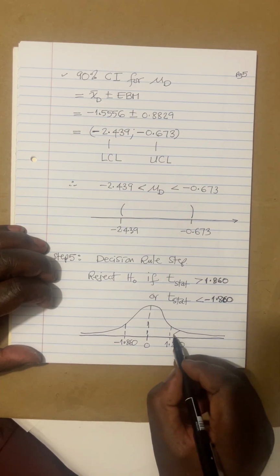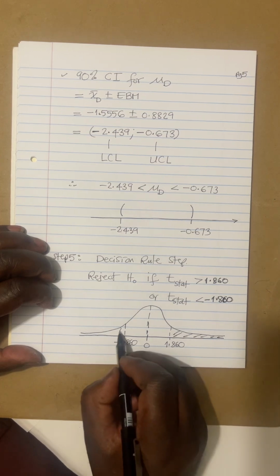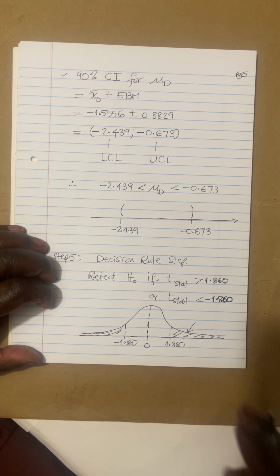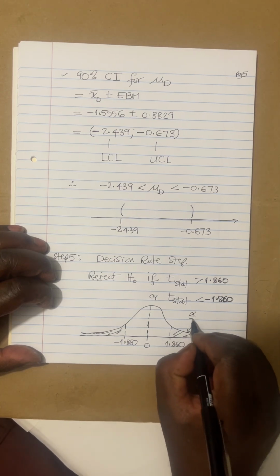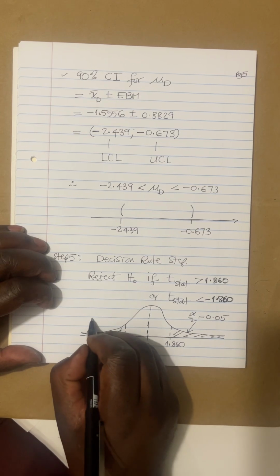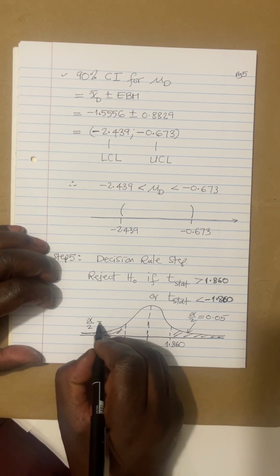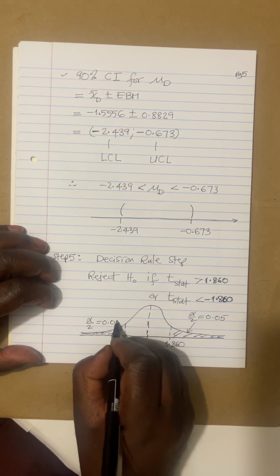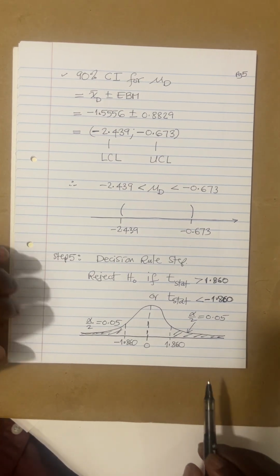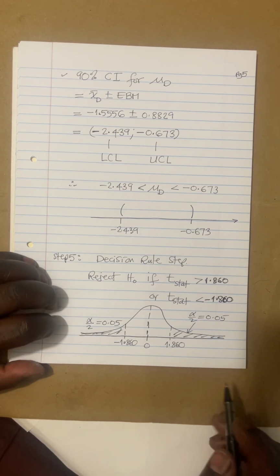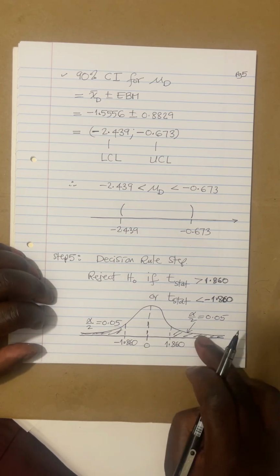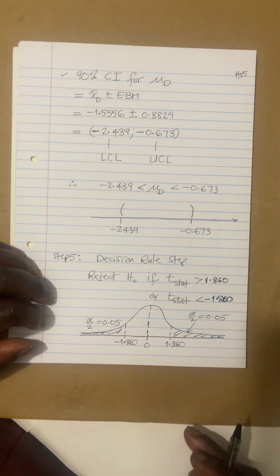Here are our two tails, the two-tail test. There's a tail here and there's a tail here. The shaded area there is alpha over 2, and we say that this is 0.05. Same story this side, the shaded area there is alpha over 2, which is 0.05, right? The center there, the unshaded part, is your 90% confidence interval, the failed to reject region, and the two tails are the rejection regions.